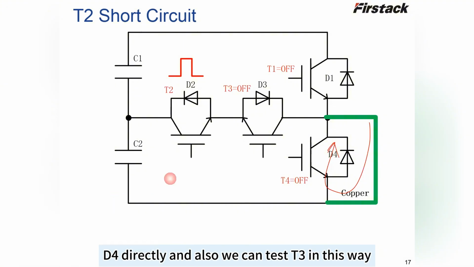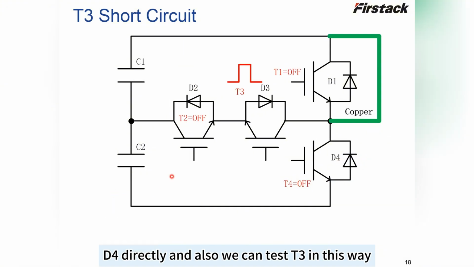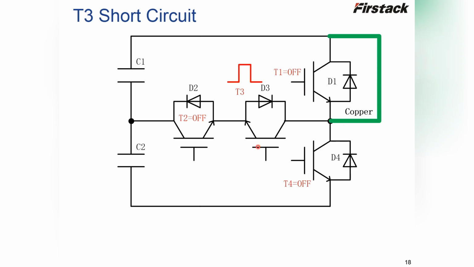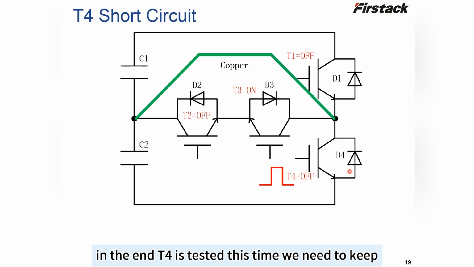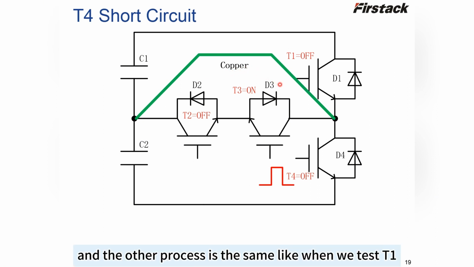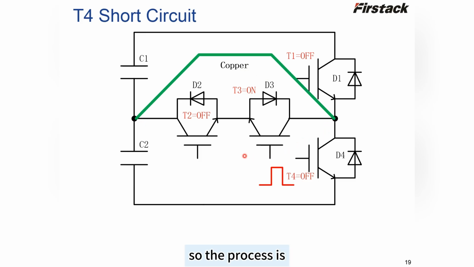And also we can test T3 in this way, only a single pulse to T3 and keep other IGBT off. In the end, T4 is tested. This time we need to keep T3 always on to provide a freewheeling path, and the other process is the same as when we test T1, so the process is quite similar.